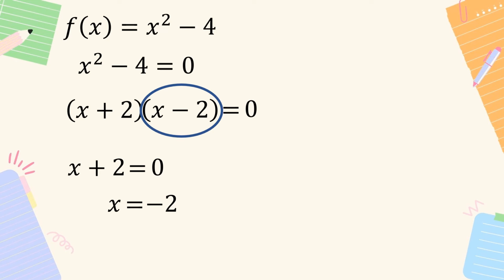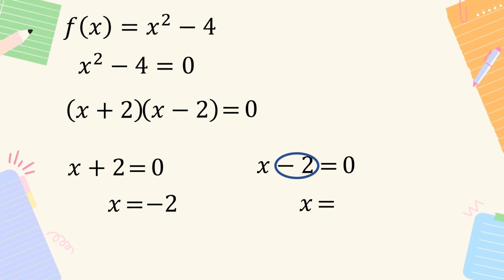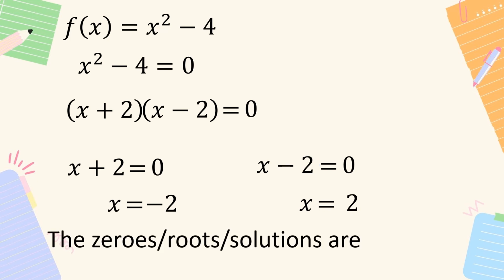We now equate the other factor to 0. So x minus 2 is equal to 0. We transpose negative 2 to the right side of the equation. So x is equal to positive 2. The zeros, roots, or solutions are negative 2 and positive 2.